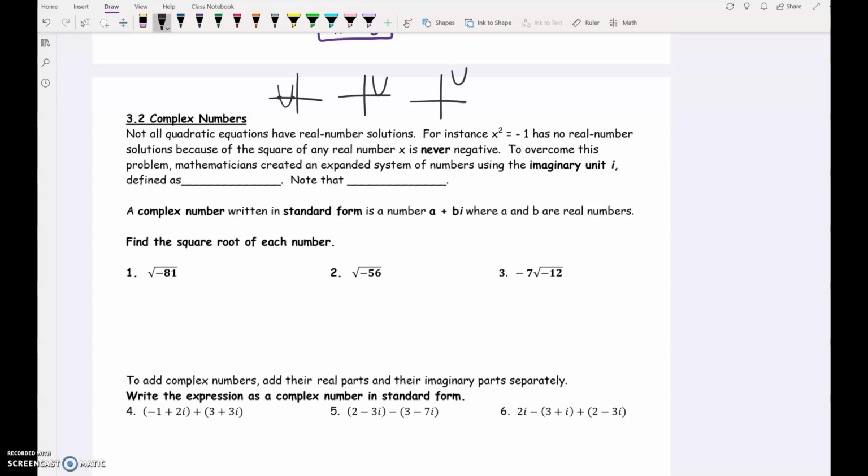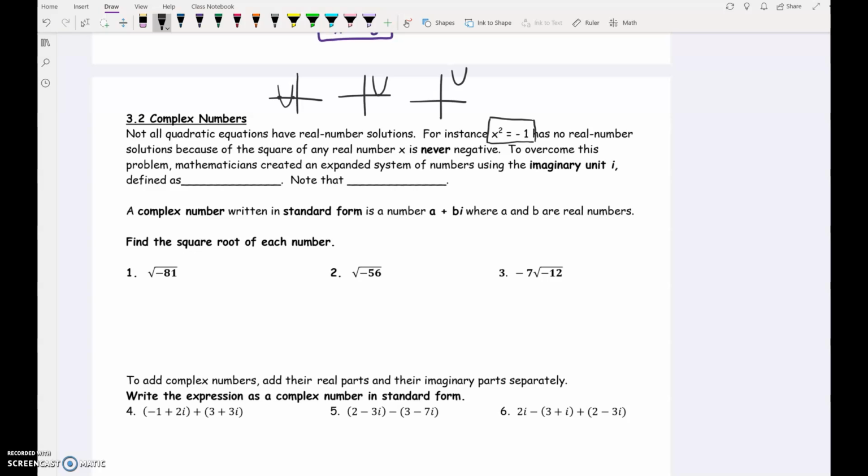There are, however, imaginary solutions. So if I were to take this equation, x squared equals -1, what number times itself gives us a negative number?